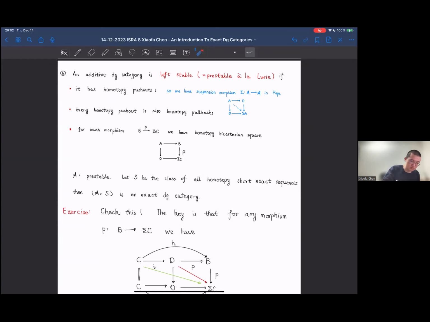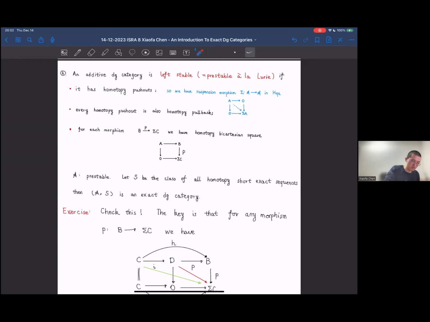So in particular, we have a suspension morphism from the DG category A to A, and at the level of objects it is given by sending A to the suspension of A. The suspension of A is given by the homotopy push-out of the span from A to 0 and to 0.